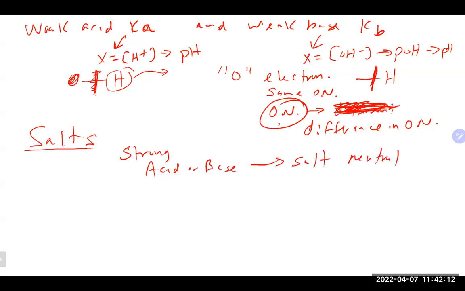What that means is it will not go through hydrolysis. Because it comes from a strong acid or base, it's relatively weak, which means there'll be no reaction with water. It's only when you have something that comes from a weak acid or base that the salt partner will be relatively strong, and it will go through hydrolysis.